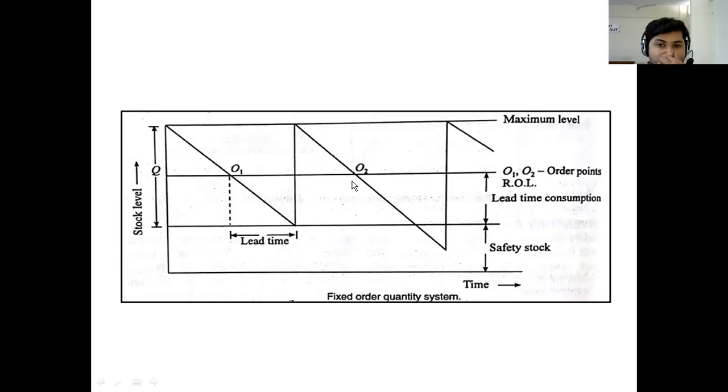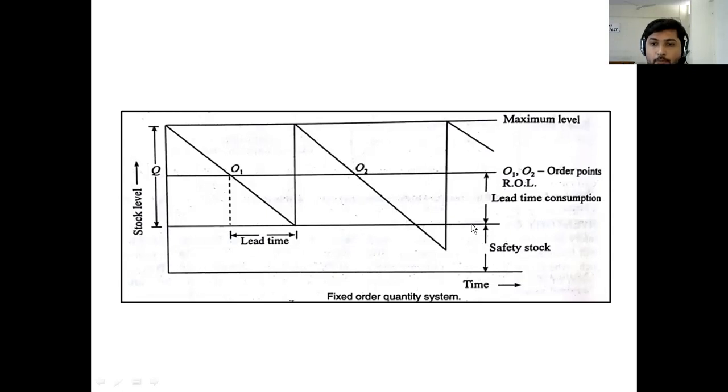Now here it is represented according to our characteristic, the use of safety stock. Here the consumption rate increased, or there is a problem related to the delivery. In that case you have a safety stock. This level from the base point or the zero line will be considered as the safety stock.